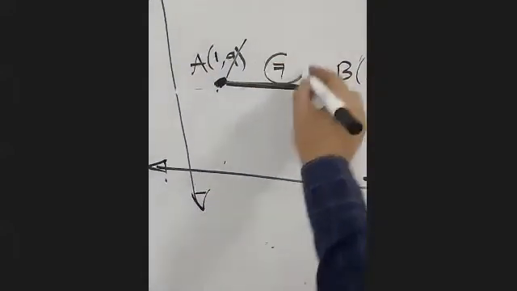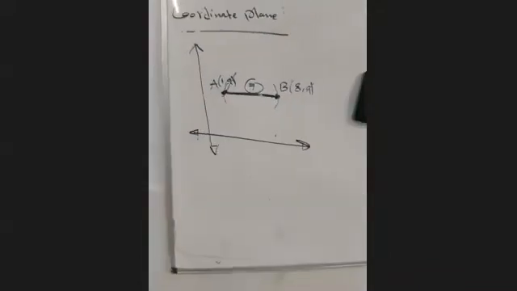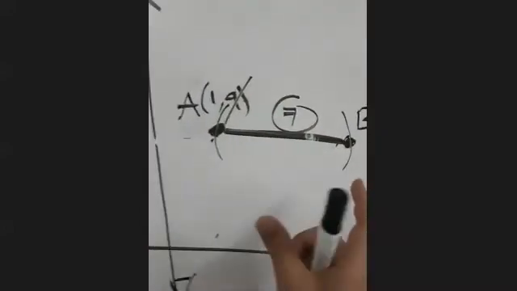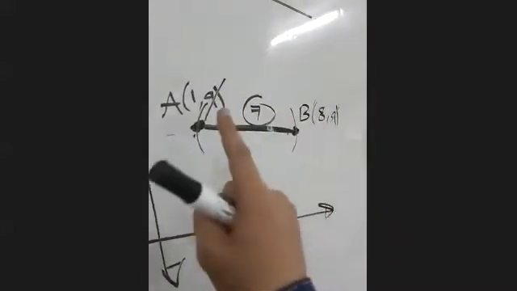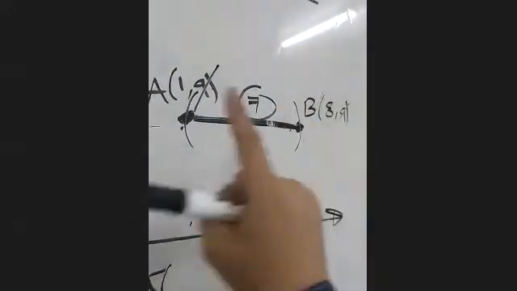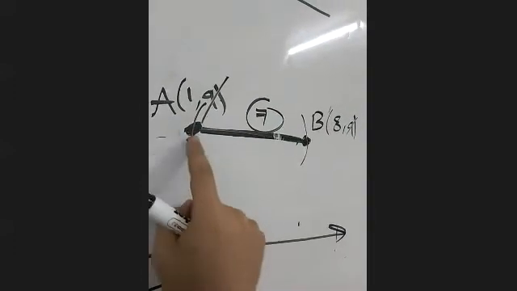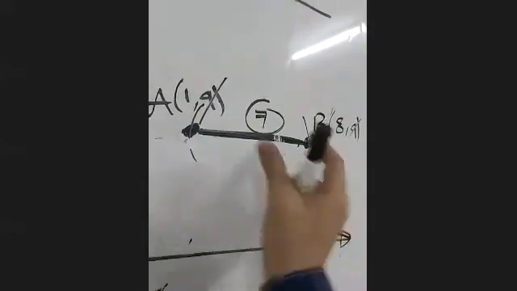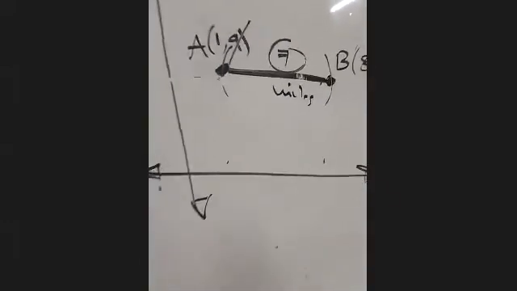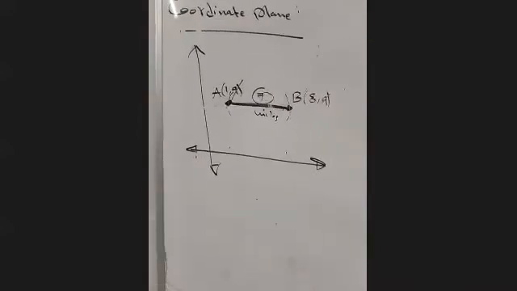So the length of this line segment is how much? 7. So to find the length in the coordinate plane with a similar coordinate, I cross out the similar coordinates and subtract the different ones. It means the length from point A to point B is 7 units. Tamam? This is the idea.